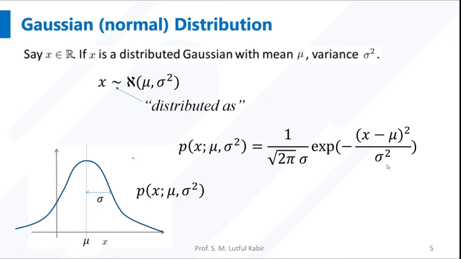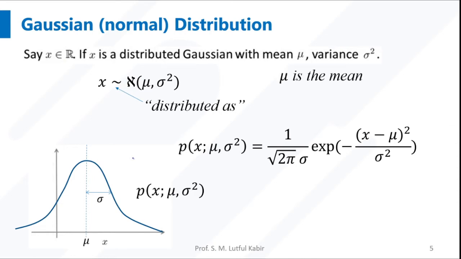So this p(x; mu, sigma square) is defined by this equation: 1 over the square root of 2 pi sigma, times exponential of minus (x minus mu) square by 2 sigma square. So this is a particular type of distribution called Gaussian distribution or normal distribution.